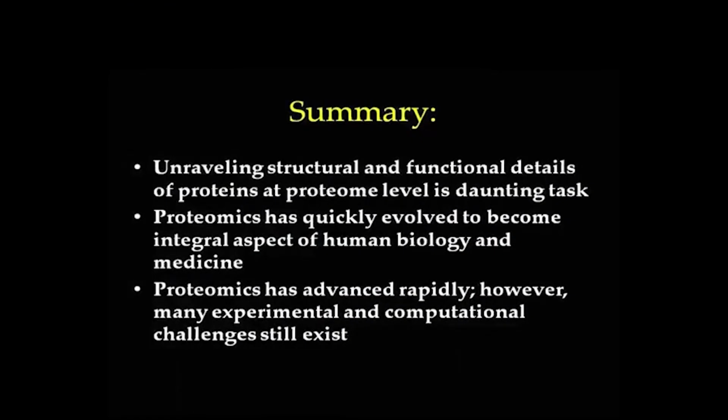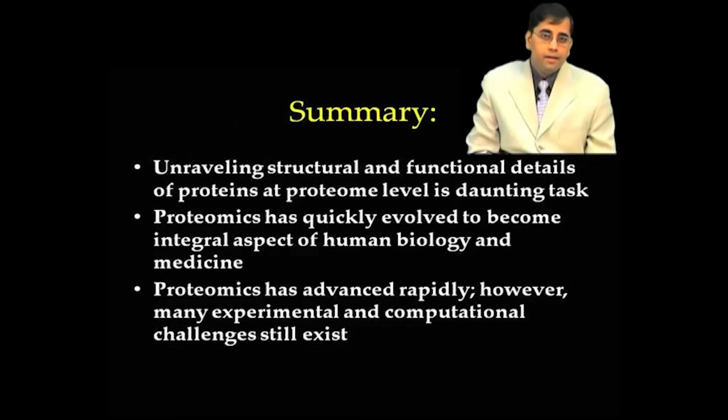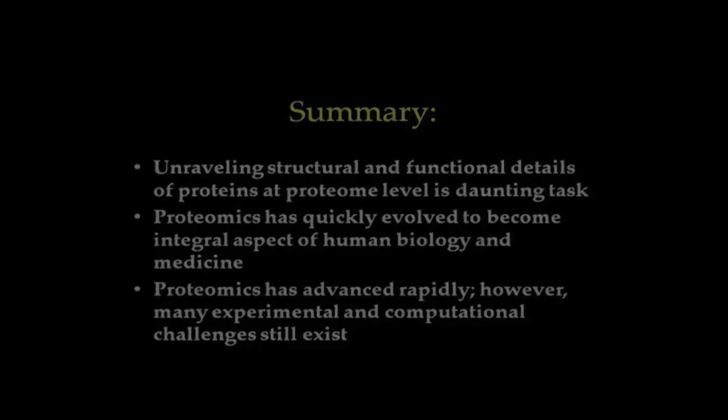So, in summary, unraveling structural and functional details of proteins at the proteome scale is very daunting task. However, proteomics has come to mean virtually everything in protein research, and it has quickly evolved to become an integral aspect of human biology and medicine.